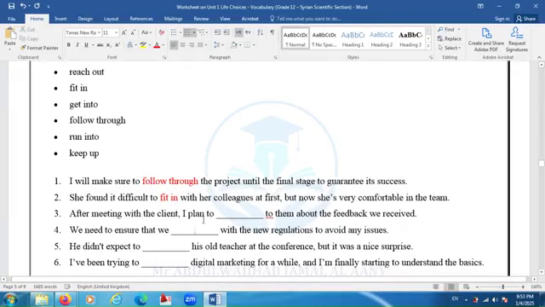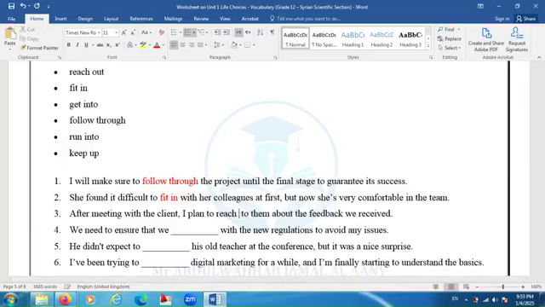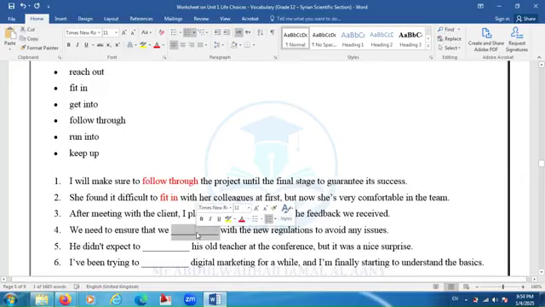After meeting with the client, I plan to reach out to them, call them, talk to them, meet with them, reach them, about the feedback we receive. We need to ensure that with the new regulations, we keep up with.